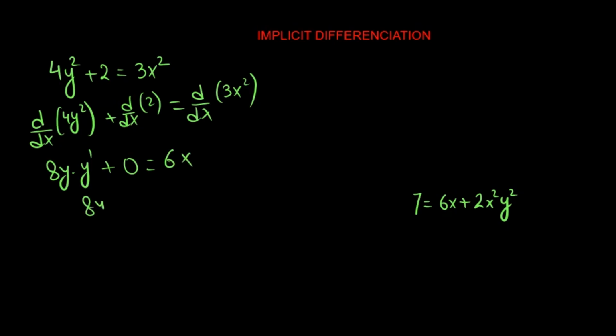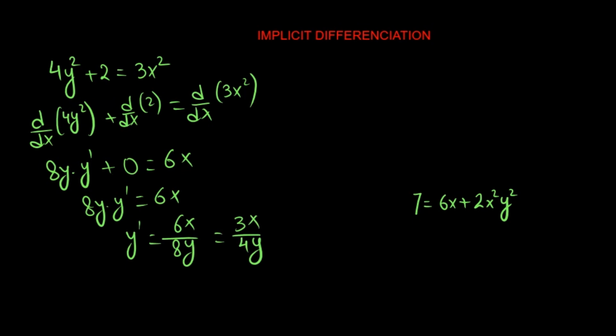So 8y y prime equals 6x. Y prime would be 6x over 8y, which is 3x over 4y, because 2 is a common factor, so 2 times 3 is 6 and 2 times 4 is 8. So y prime is 3x over 4y.